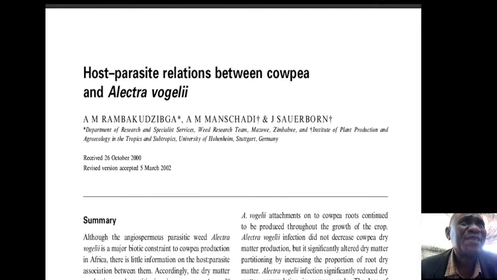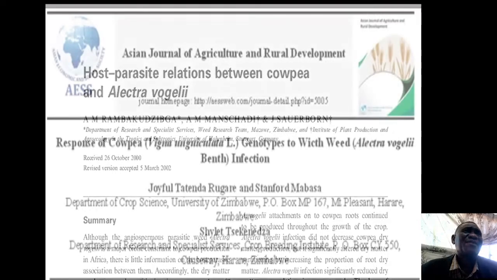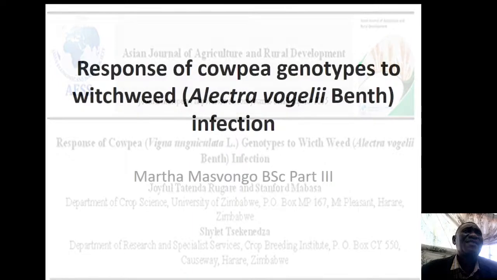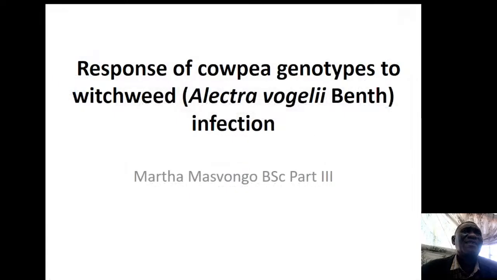You may read this paper. It's about host parasite relations between cowpea and Alectra vogelii. Also another paper, if you have the time, you may read this. We had one BSc student who looked at the response of cowpea genotypes to witchweed infection.